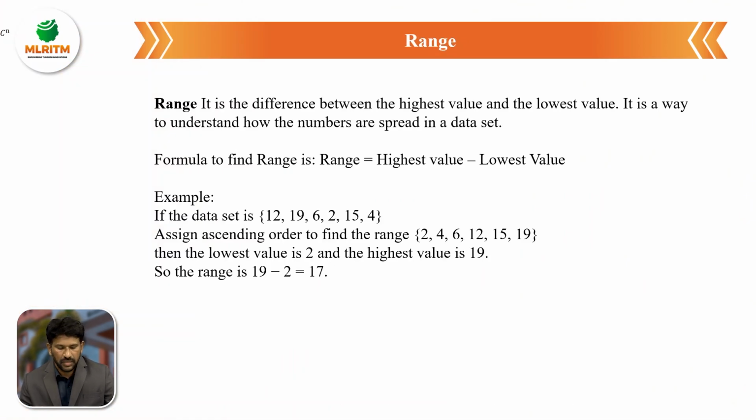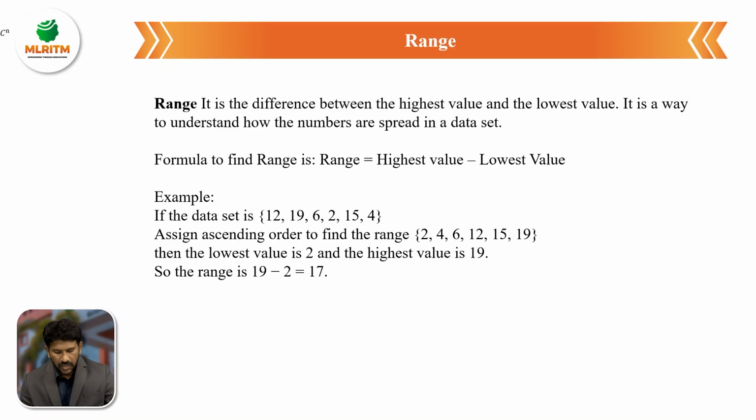What is the meaning of range? Range is the difference between the highest value and the lowest value. It is a way to understand how spread out the data set is. The formula is range equals highest value minus lowest value.